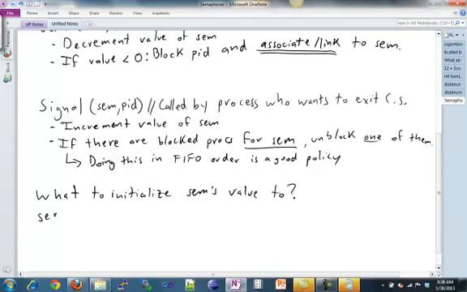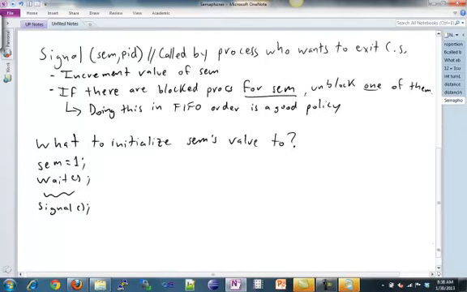So if we initialize sem to 1, and then we have our critical section, so there's a wait, and then there's some stuff, and then there's a signal. Okay. This here, since we initialized it to 1, that means that only one process can be inside the critical section at once.